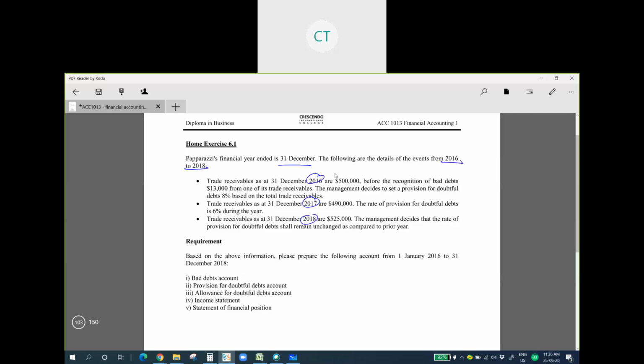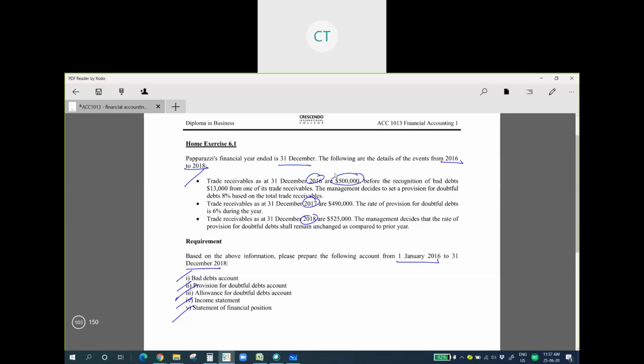Based on the above information, please prepare the following accounts from 1st January 2016 to 31st December 2018. So we have the bad debts account, provision for doubtful debts account, allowance for doubtful debts account, and we have to prepare the income statement and statement of financial position. So we look at the events one by one. We look at the first one. It says that trade receivables as at 31st December 2016 are 500,000.